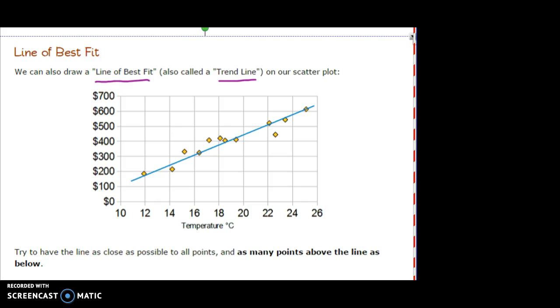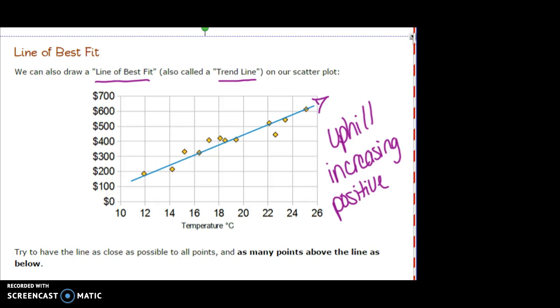And this one, as I look at it, is going uphill, increasing. It's a positive trend or a positive association.